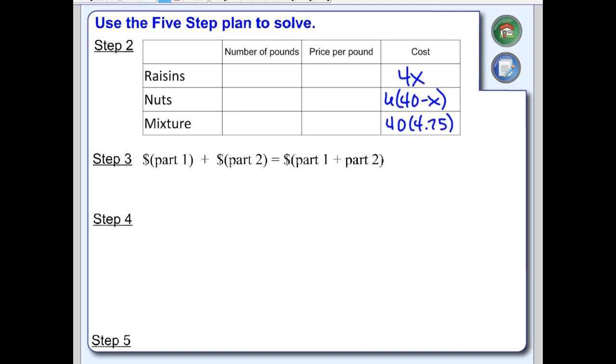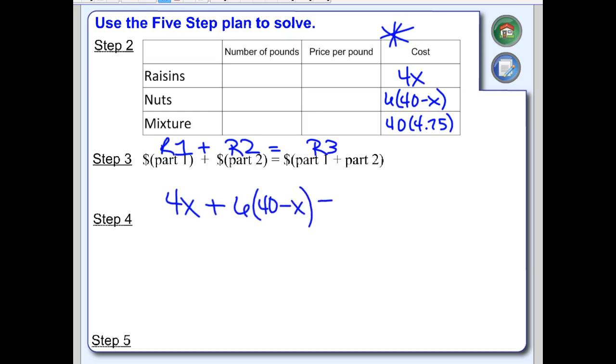And it always works out this way. Row 1 plus row 2 is always going to equal row 3. So we're looking at the totals column at the end, and row 1 plus row 2 equals row 3. Or we could say the raisins, which is 4x, plus the roasted nuts, and there's my let statement for my roasted nuts, equals the total mixture that we're making.